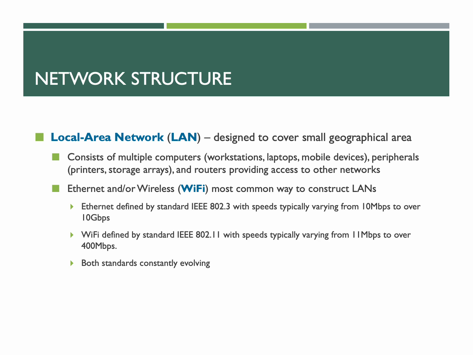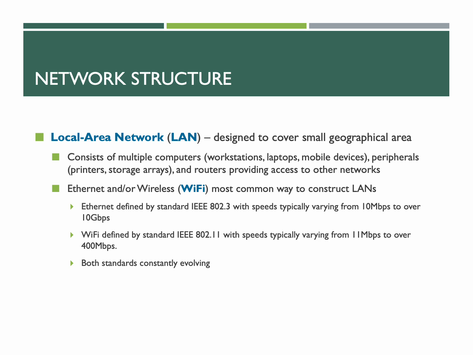Now, starting with one of the most common types, the local area network or LAN. A LAN is a type of network designed to cover a small geographical area. This could be your home, a school, an office, or even a single building.